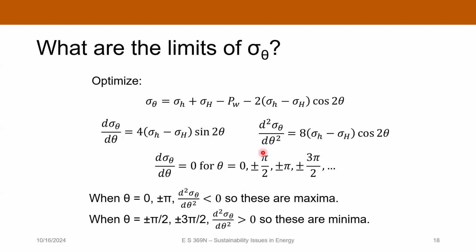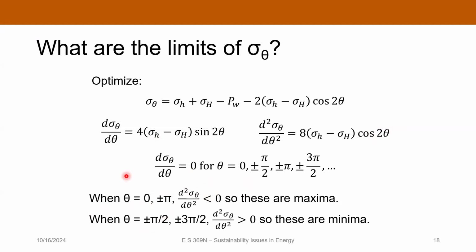If we look at the sign of the second derivative, we can tell whether those are going to be maxima or minima. The second derivative has this cosine of 2 theta. That means for multiples of pi, the second derivative will be negative, so those are going to be maximum values of hoop stress. And then for the other values, those are going to be minimum.